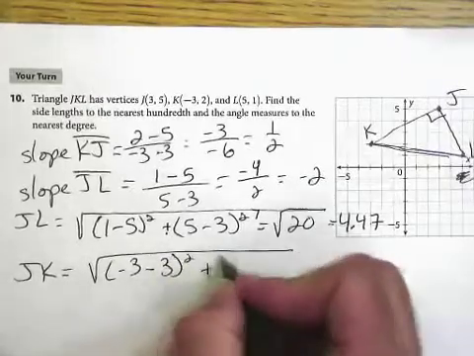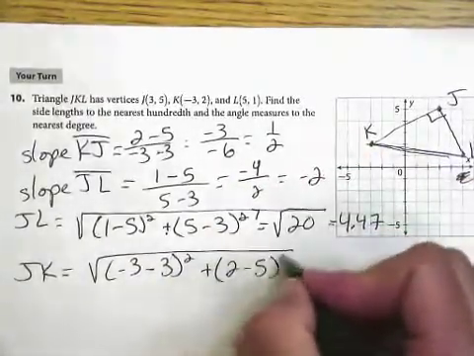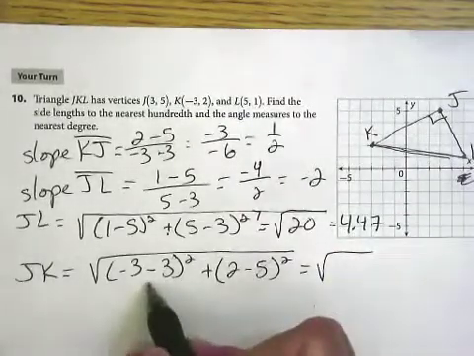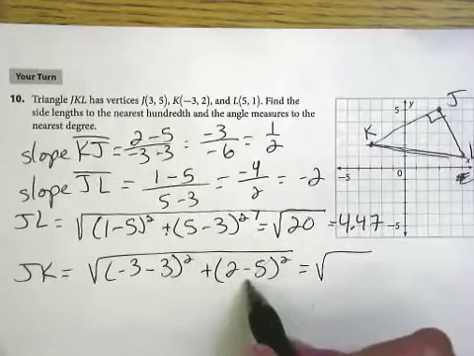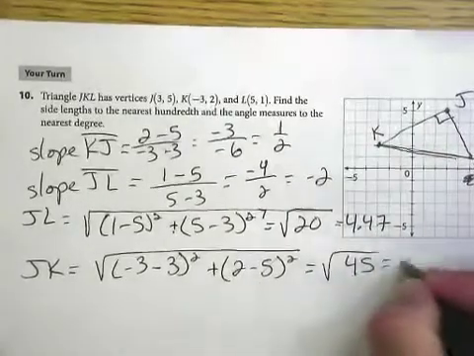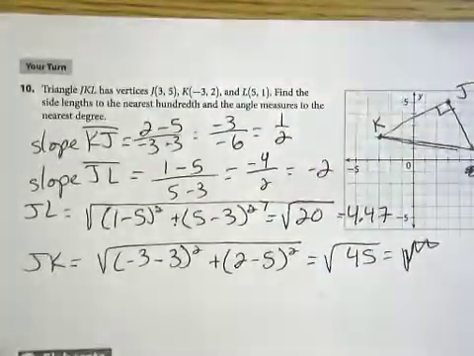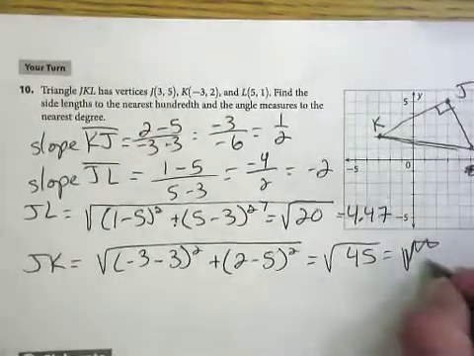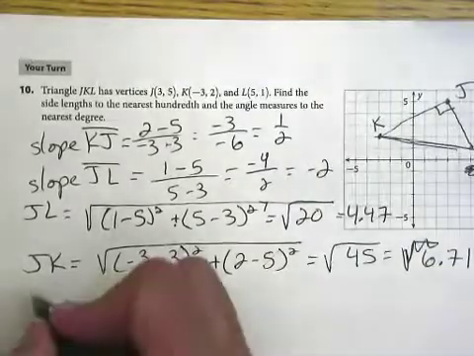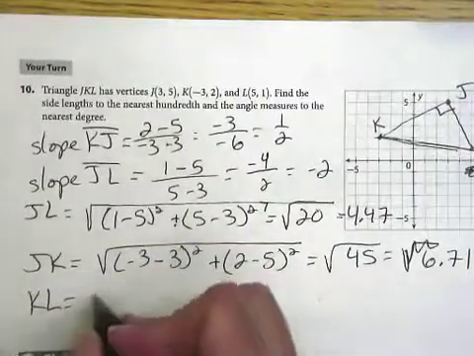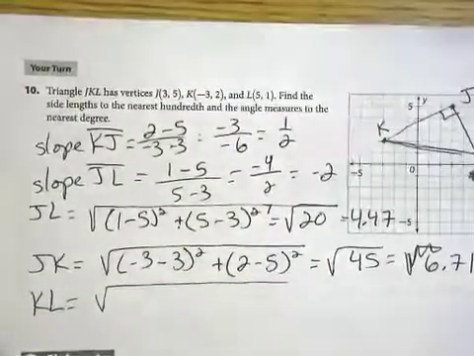JK is, I'll do it right this time, -3 minus 3 squared plus 2 minus 5 squared, and that's the square root of, this is -6 squared, which is 36. This is -3 squared, which is 9. 36 plus 9 is 45, and the square root of 45 is approximately 6.71.